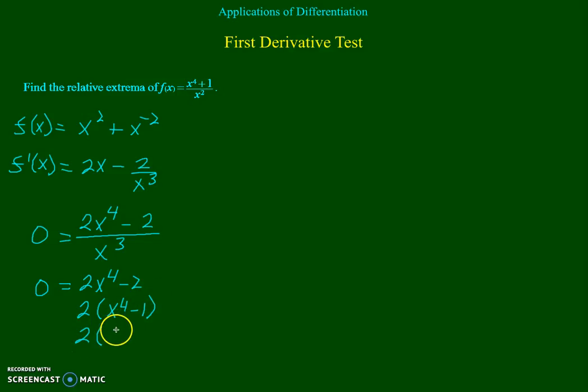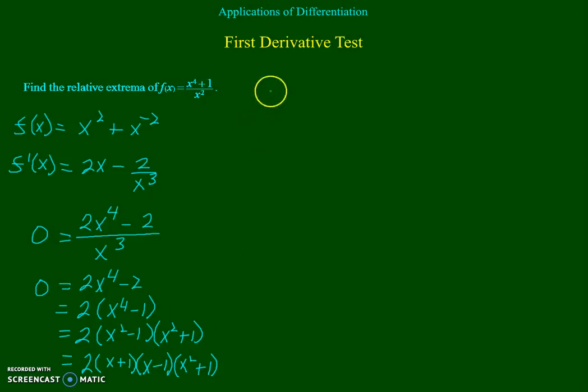This factors to x squared minus 1 and x squared plus 1. This is the difference of two squares. This factors as well to x plus 1 x minus 1. Rewrite that bottom term and the 2, and of course these are all equal to 0. And so our critical numbers at this point are negative 1 and 1.